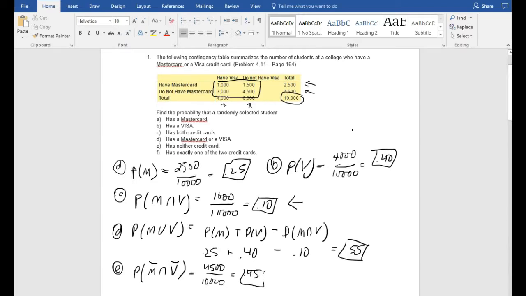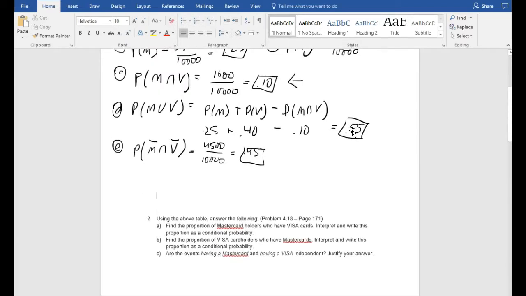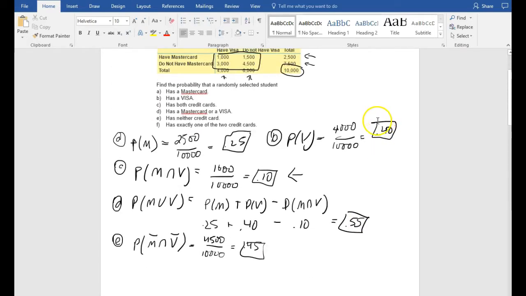And then lastly, we're going to look at F here. F is saying has exactly one of two credit cards. There are a couple different ways that you could do this. Let's do it a couple different ways.